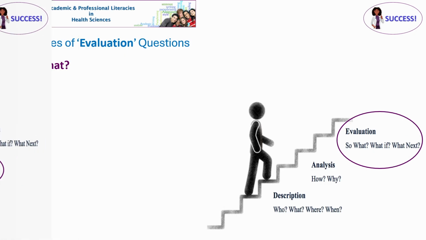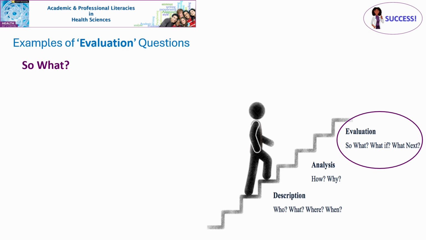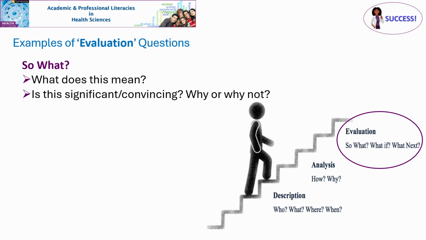And then the next level of evaluation. Now this aligns very much to our assignment writing. We need these levels in our assignment writing as well. So it's very important to consider this critical approach aligns very much with the writing of our assignments. So what? What does it actually mean?